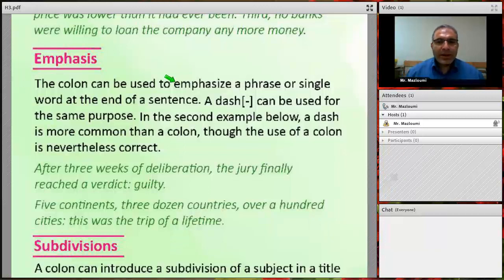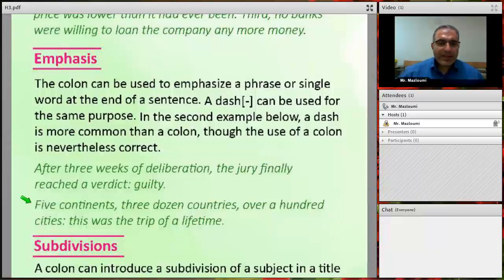So everyone, sometimes we want to emphasize a word or a phrase at the end of a sentence. In these cases, we use the colon. A dash can be used for the same purpose. We can use dashes to show the importance, to emphasize a word or a phrase too.